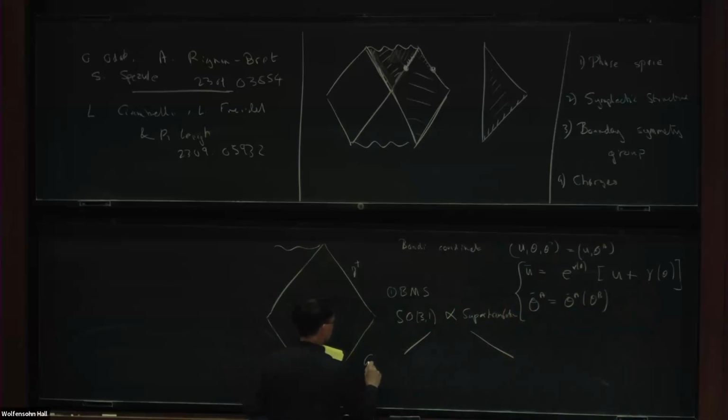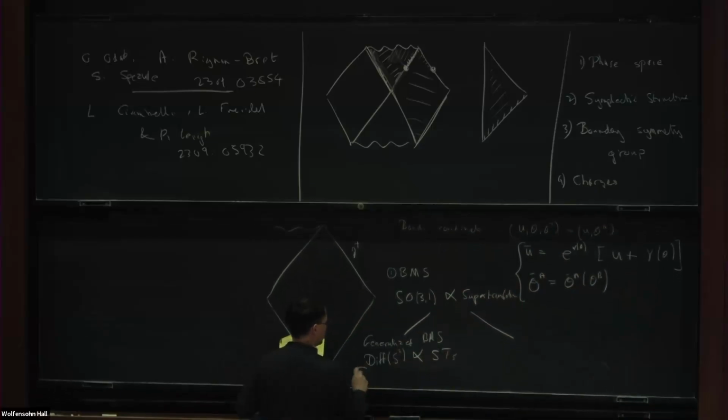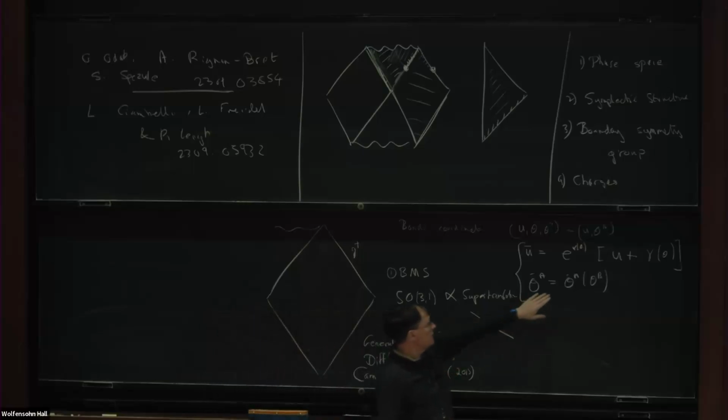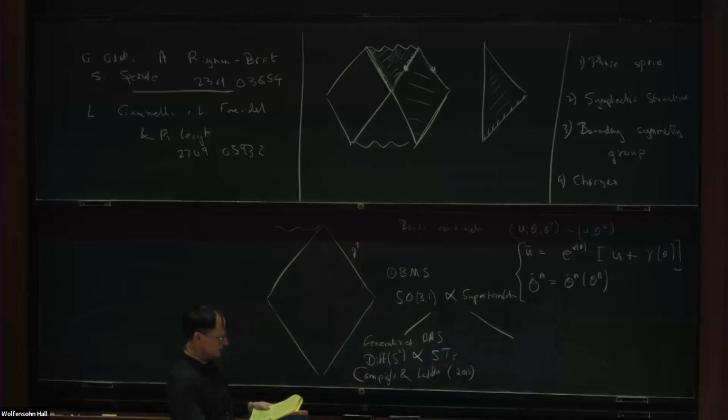So there's the generalized BMS group, which you can write as Diff S2 semi-direct product supertranslations, by Campiglia and Laddha from 2015. So this is a generalization of the group where the Lorentz transformations are replaced by arbitrary diffeomorphisms of the two-sphere. That's the only change to the group.